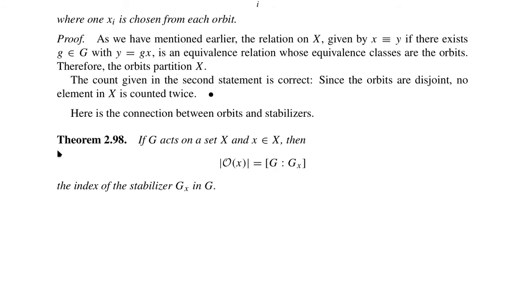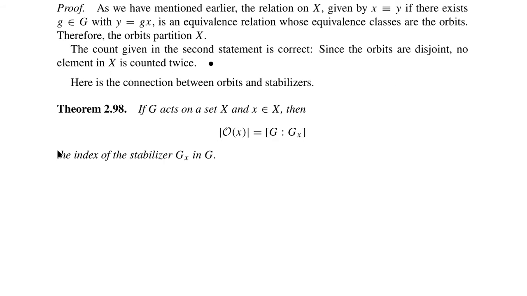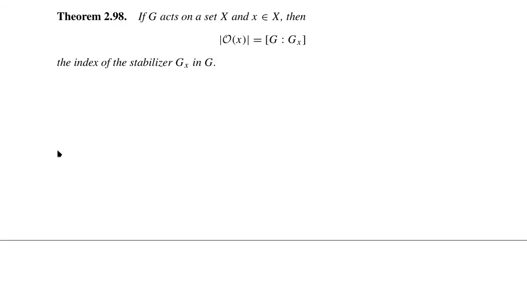The corollary of this can be this theorem, which says that if G acts on a set X and you have an element x from the set, then the order of the orbit of that element is equal to the index of the stabilizer. Because the stabilizer, we know, is a subgroup of G. That makes sense, but let's see the proof.